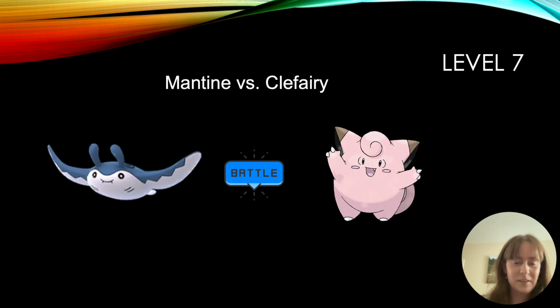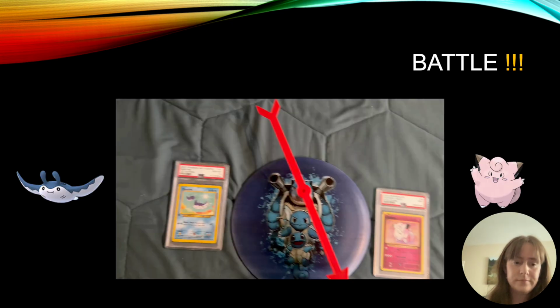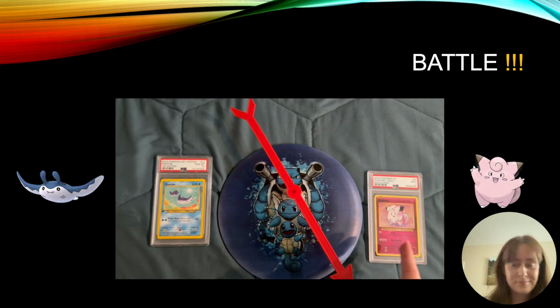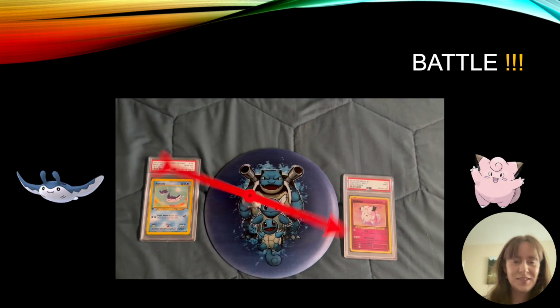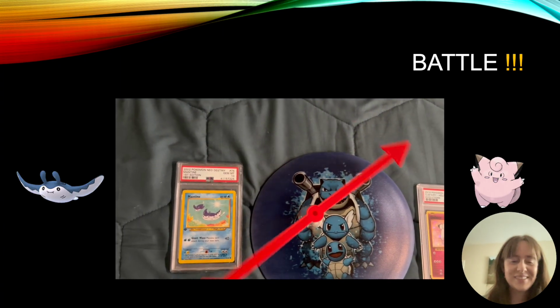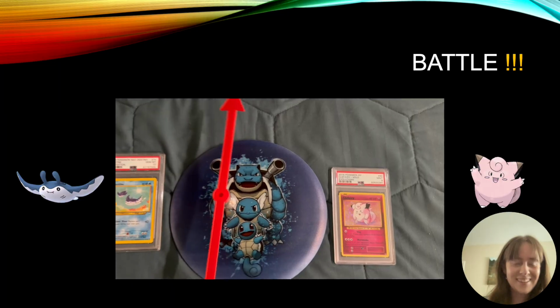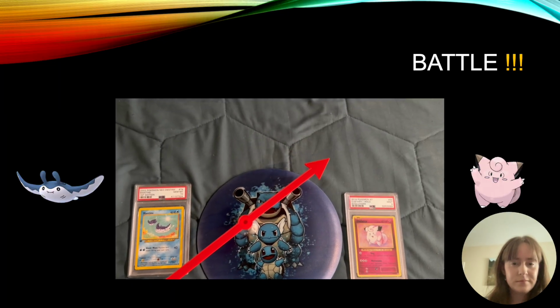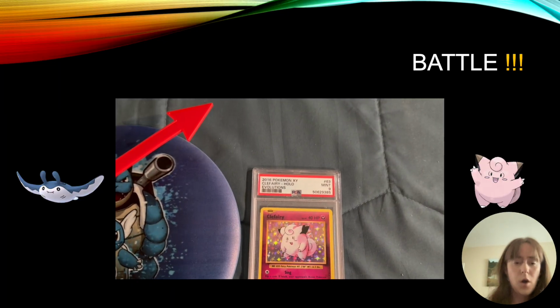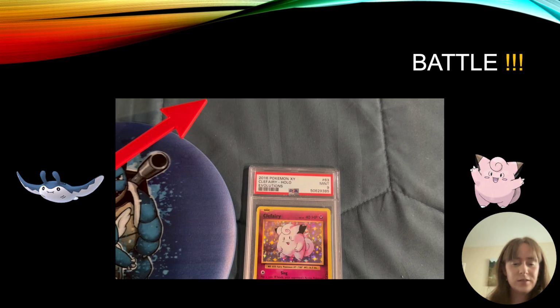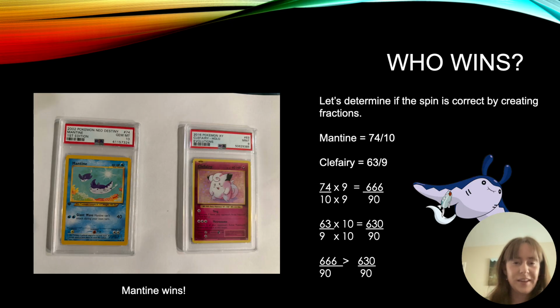Mantine and Clefairy. Let's see. Battle. Which one is gonna win? Aww. Okay, let's do some fractions because the spinner thinks Clefairy's gonna win.